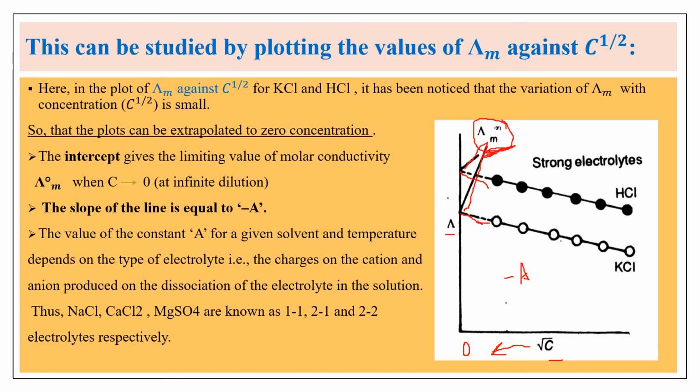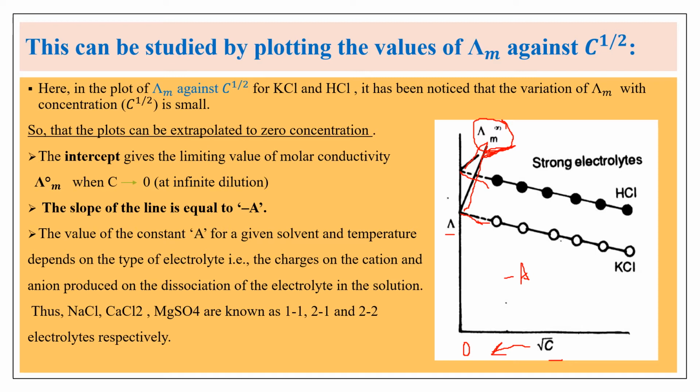The value of A for a given solvent and temperature depends on the type of electrolyte, that is, the charges on the cation and anion produced on the dissociation of the electrolyte in the solution. For NaCl, the charge of cation is 1 and the charge of anion is also 1. So the value of A is 1 by 1.